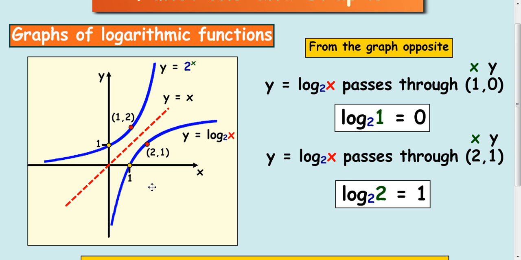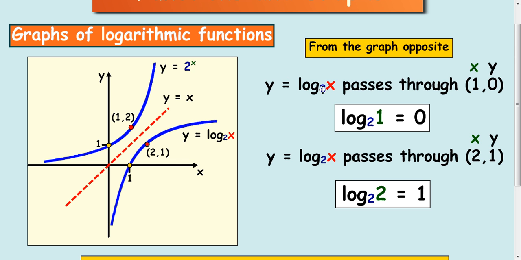Now, some important notes about the logarithmic function are these two values here. Just like the exponential always goes through 0, 1, the logarithmic function always goes through 1, 0. It's easier to understand up here. It always passes through 1, 0, because if we said x is 1, and we had 2 to the power of what makes 1?